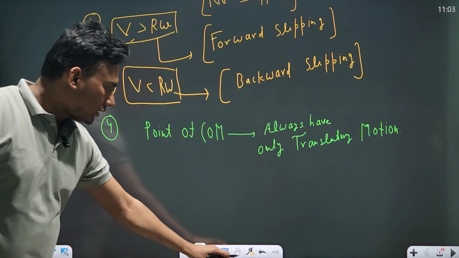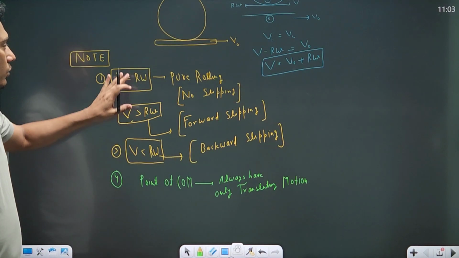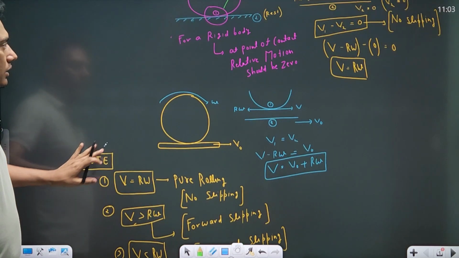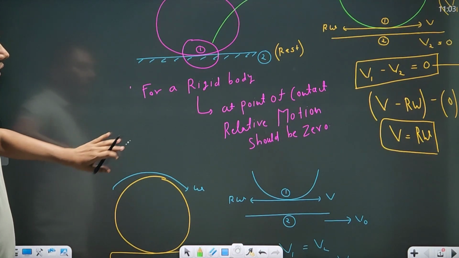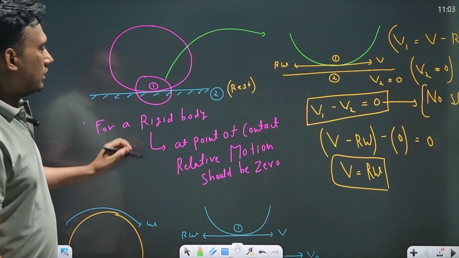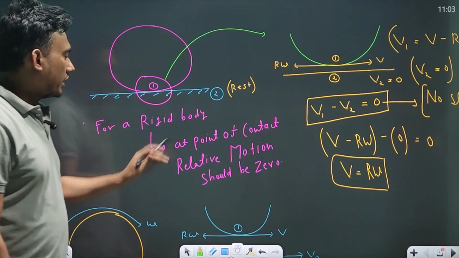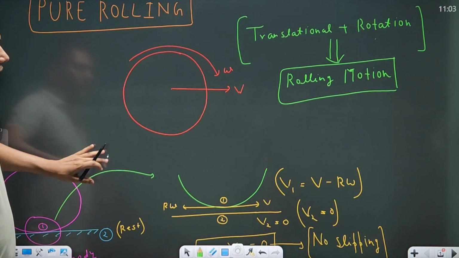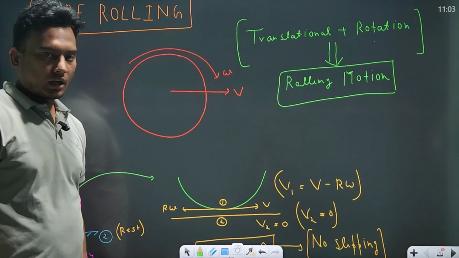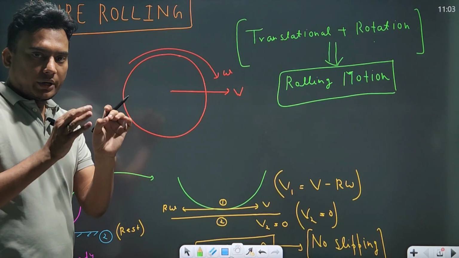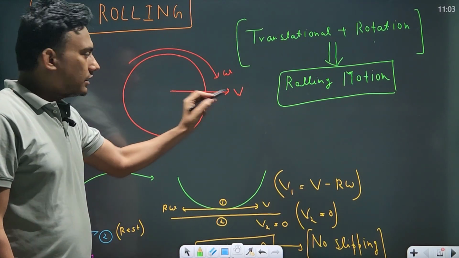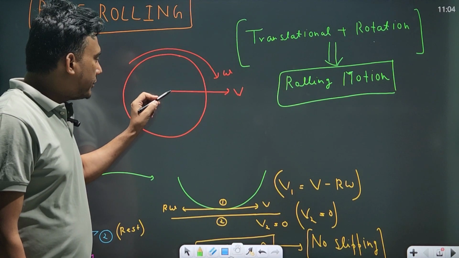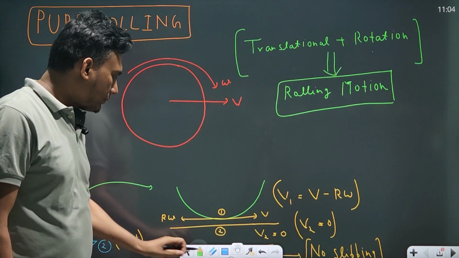If I go back to the two diagrams which I drew here, in the first one, this diagram, here you can see in a wheel, this is the linear speed V and rotating speed omega. My dear, you should remember that this linear speed V is the speed of center of mass.